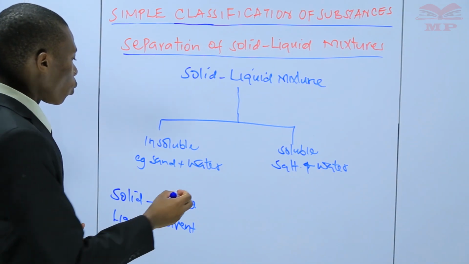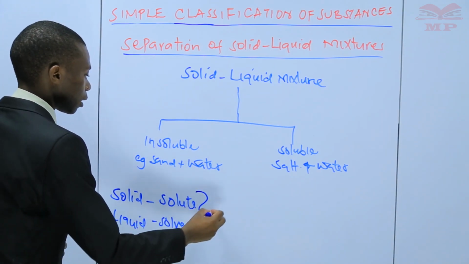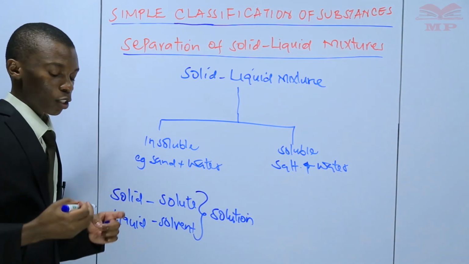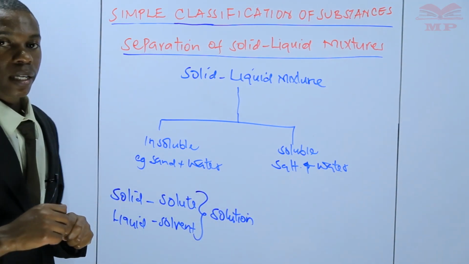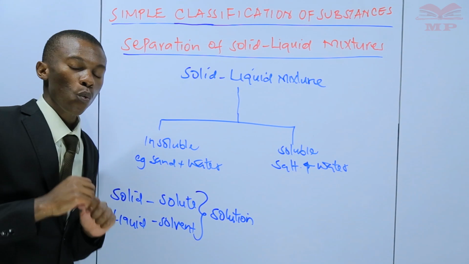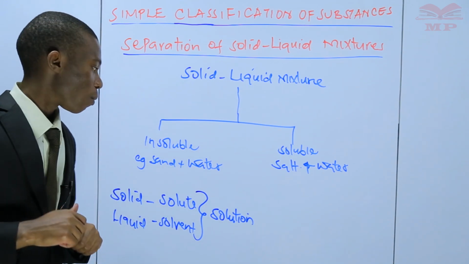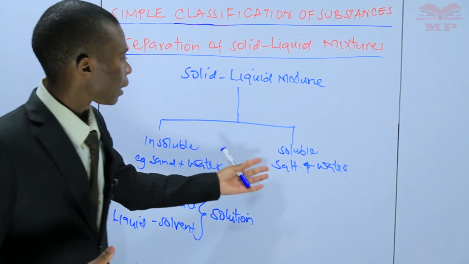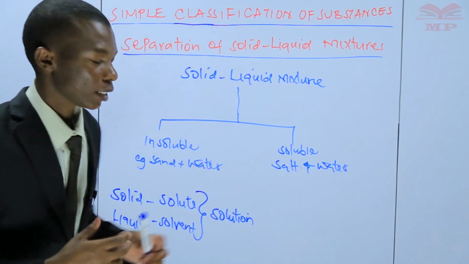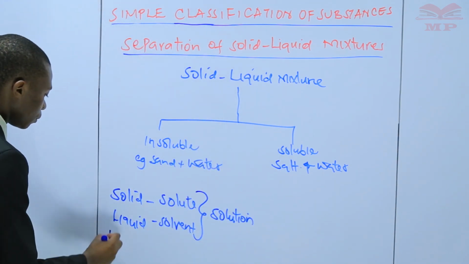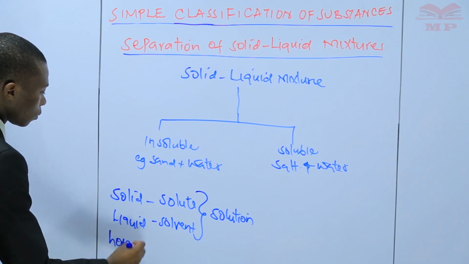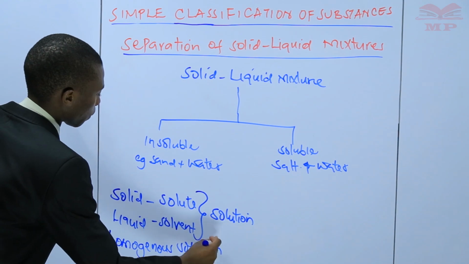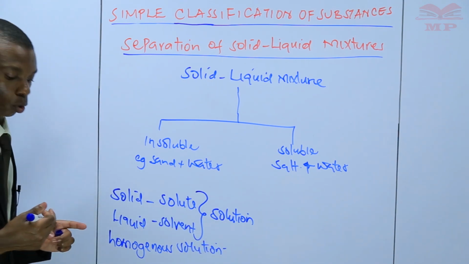When these two combine, a solute and a solvent, they form a solution. And this solution, in this case, will be a homogeneous solution.